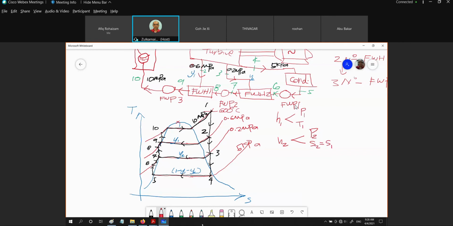Could someone get what is the S1? The S1 is at 10 megapascal, 600. Can someone get for me how much is that entropy?